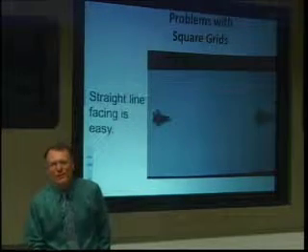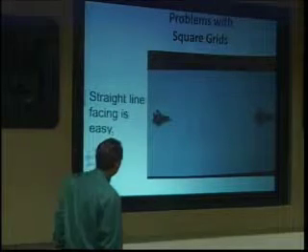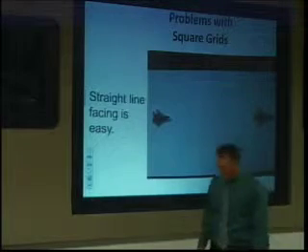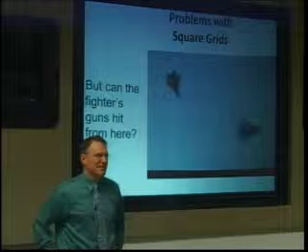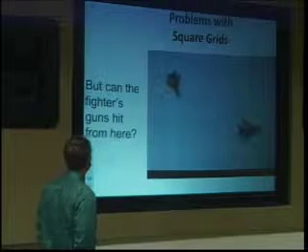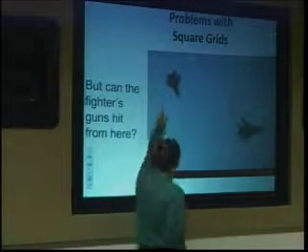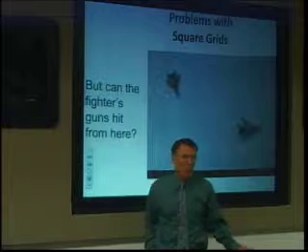Straight line facing is very easy when you're using square grids. This airplane is clearly behind this airplane, moving in a straight line. But when the facing is not straight, it gets a little trickier. You end up asking the question, can that fighter shoot its guns at that bomber from that position? Well, you've got to come up with the rules for that.